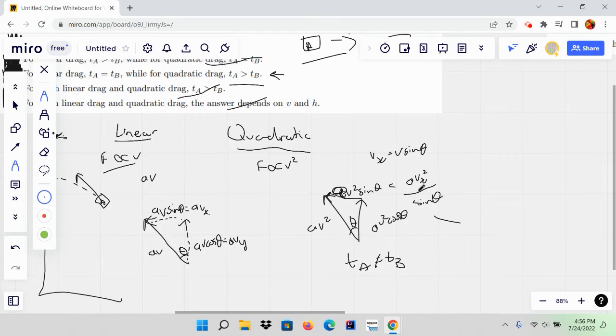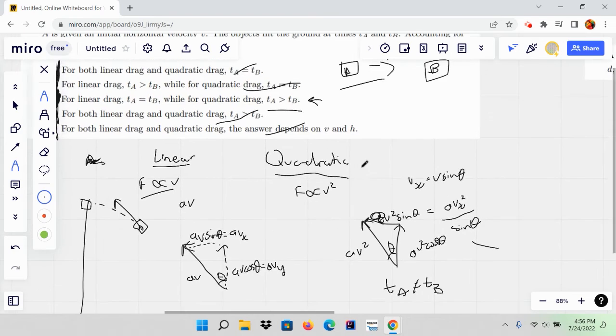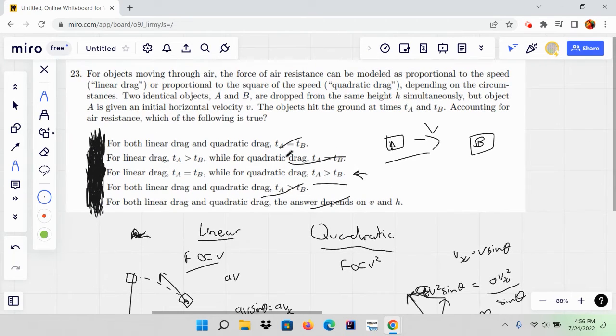As a result, the higher force is going to act more on the vertical component than if you were to just drop it off a building. And so you're going to have more resistive force keeping it from hitting the ground earlier for the one that's moving horizontally. So it's going to take more time for the horizontal one to reach the ground. If you throw it off the cliff, that one is going to take longer to reach the ground because there's more resistive force from the larger velocity. So for that one, the answer is going to be C.